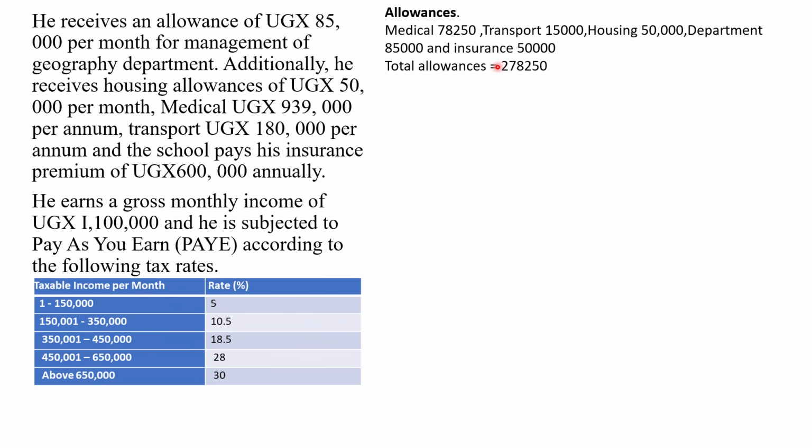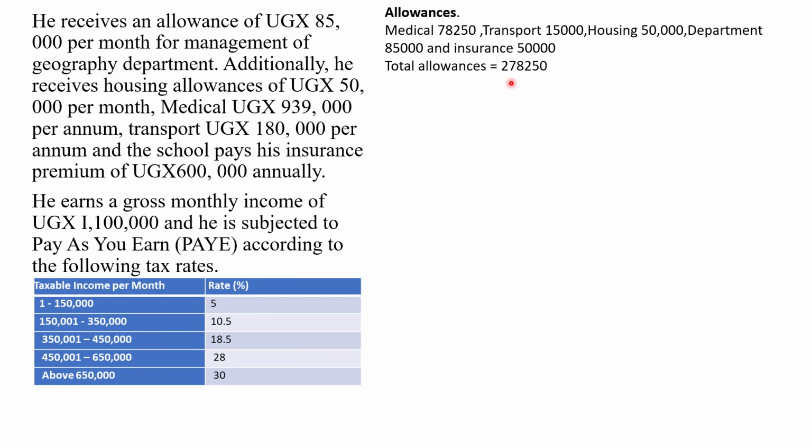So that is it. And then total allowances, I got 278,250. Then after that, I had to look for taxable income.